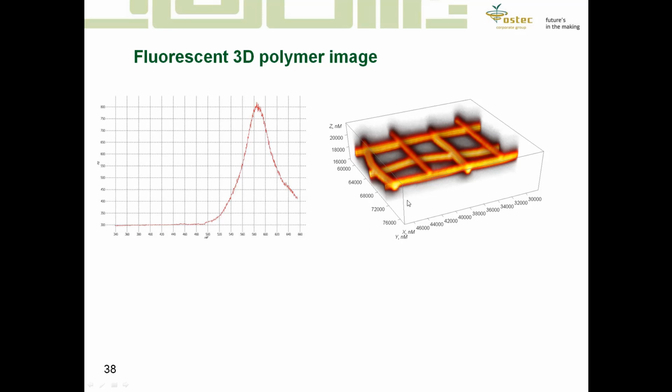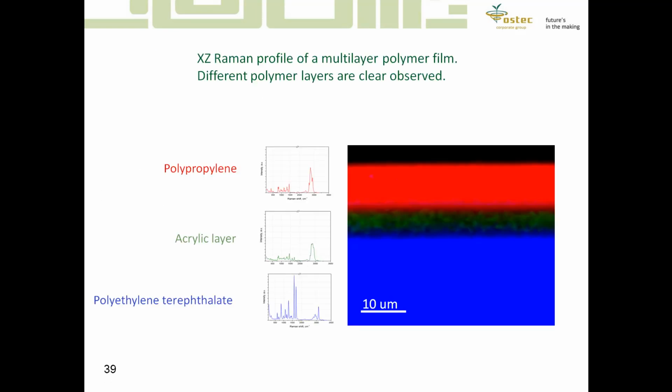Okay, and when we do 3D mapping, for example with fluorescence, we can also achieve 3D images. For example, here we have a network of fluorescent polymer. And this is a multi-layer polymer film, and different positions in Z are shown by different colors, corresponding to different types of polymers.